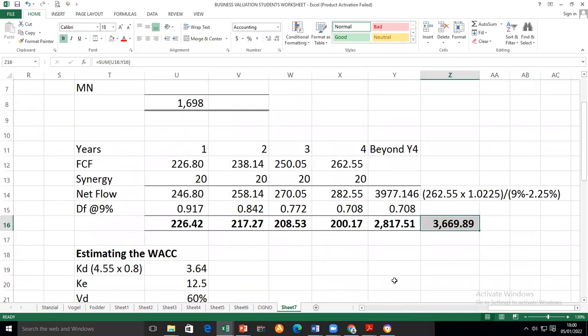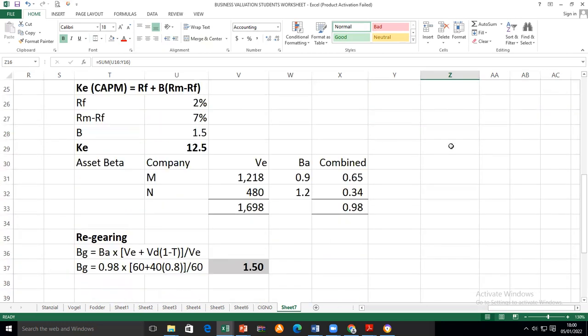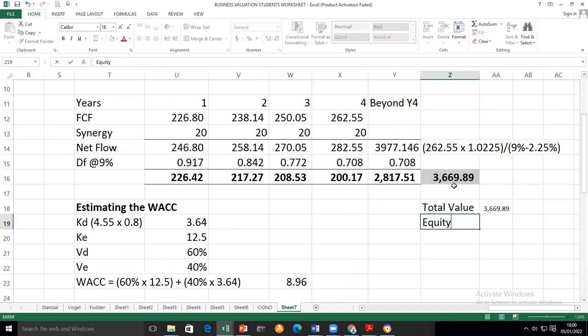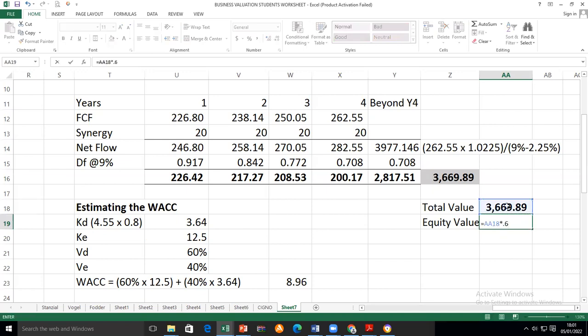So this value, what do we call it? That's the combined equity value.